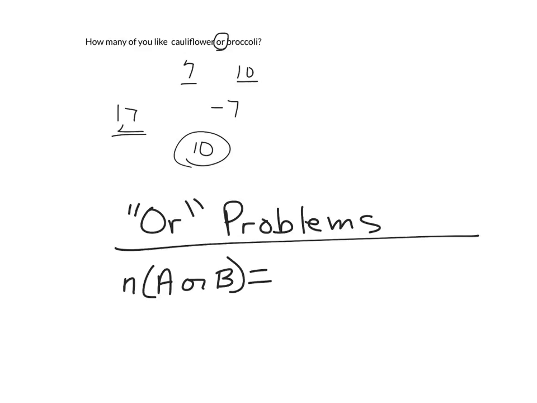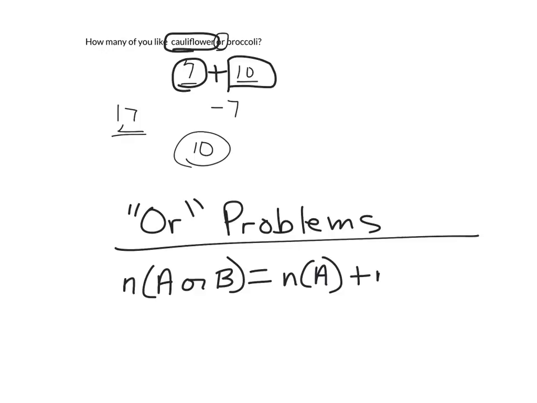Let's think about what we did up here. We took 7 plus 10 minus 7. This 7 was the number that liked cauliflower. So the first thing we're going to do down here is take the number of A, plus this 10 right here, which was the number that liked broccoli.